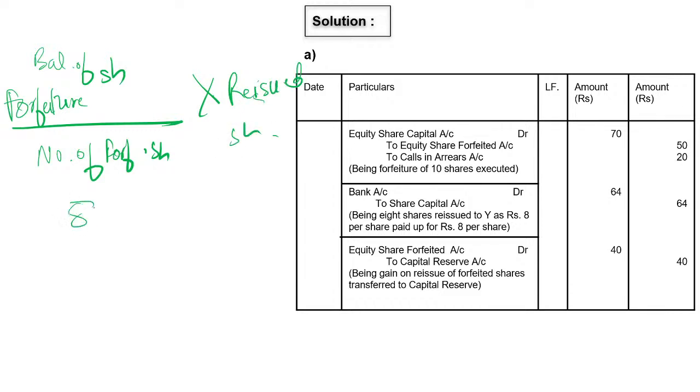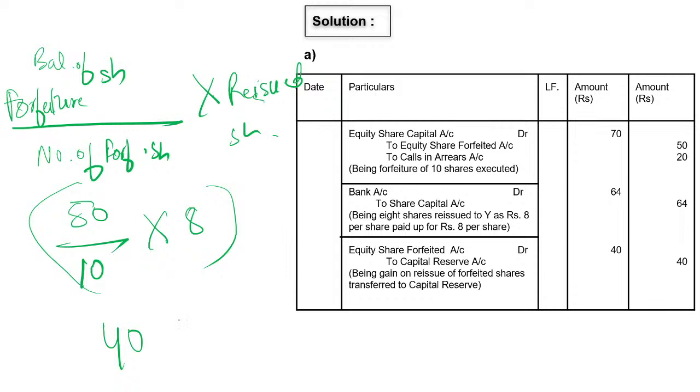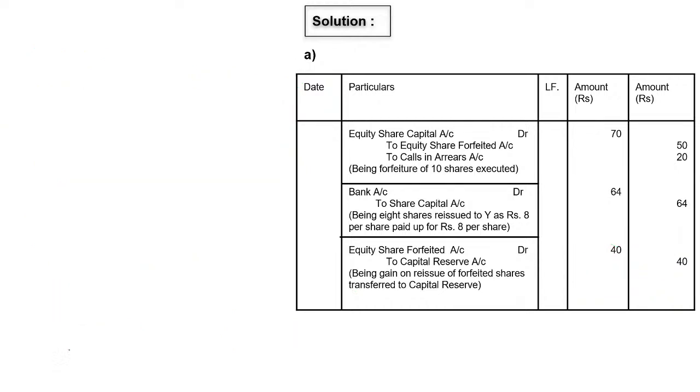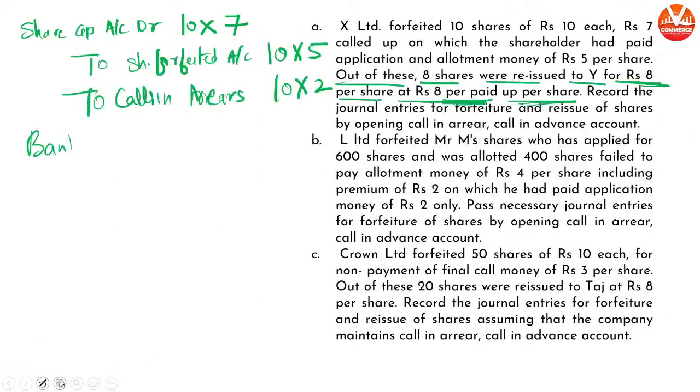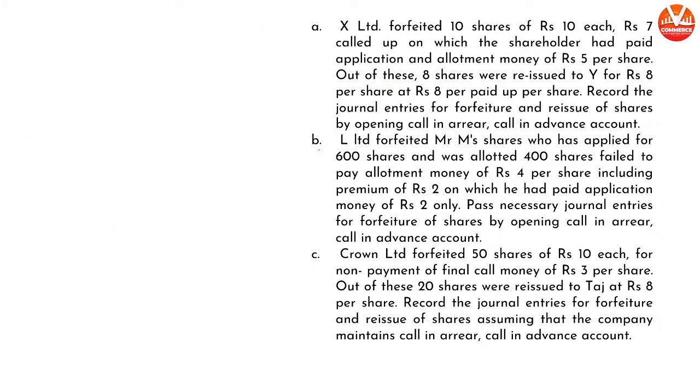So 50 divided by 10 multiplied by 8, it is 40. And if there was any discount, that is to be subtracted. So this 40 rupees is transferred to capital reserve. Now coming on to the next part.